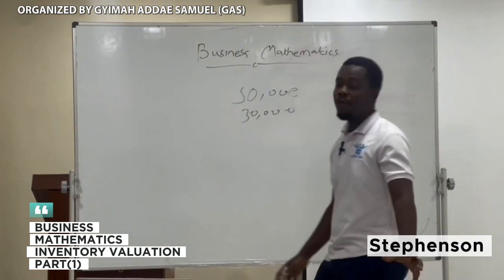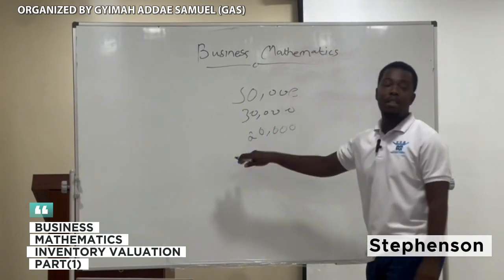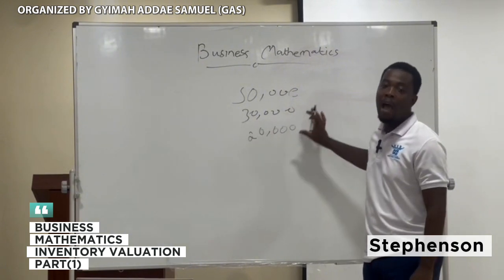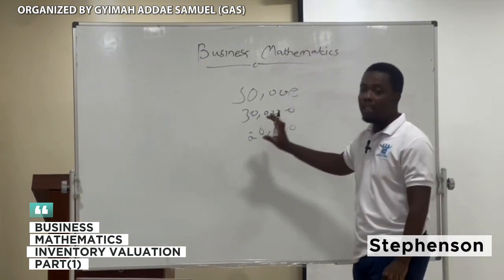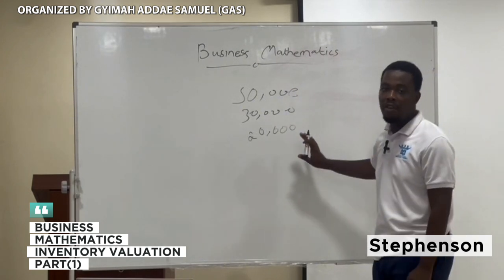So I'll be left with 20,000. So the 20,000 here is my inventory, the amount of stock I have at the end of my accounting period. So that's basically what inventory is.